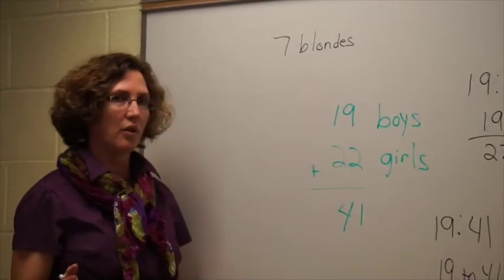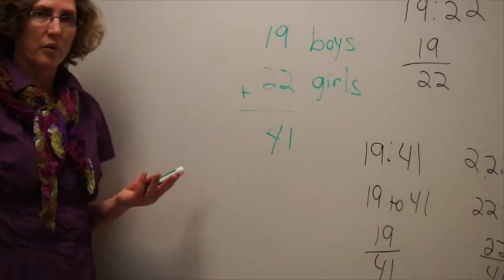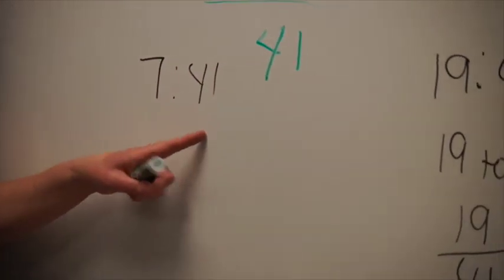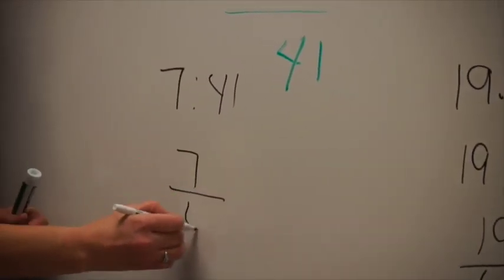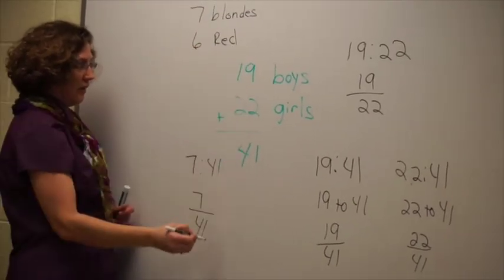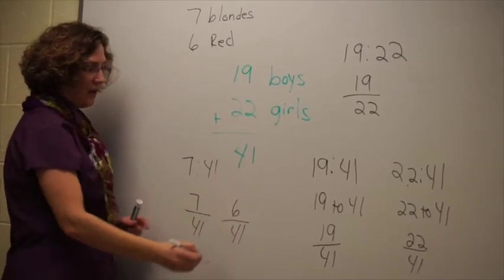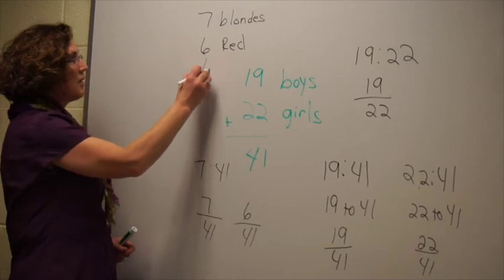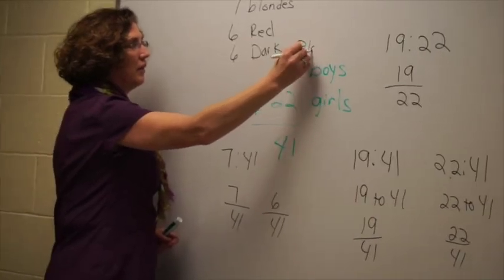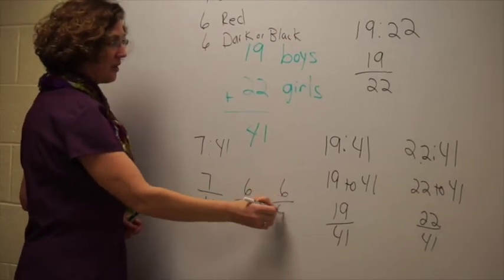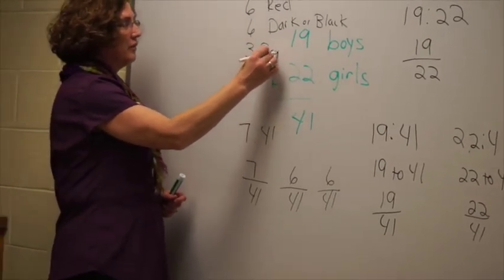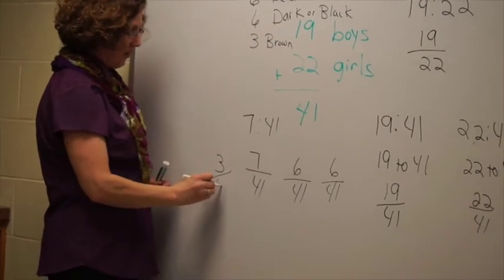Now, there are 7 blondes in the classroom. We don't know which ones are boys or which ones are girls, so we can just say 7 blondes out of 41 students, or 7/41. 6 are redheads. 6 out of 41. 6 have dark hair, or black. 6 out of 41. 3 have brown hair. 3 out of 41.